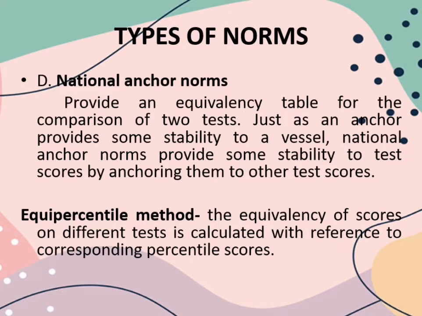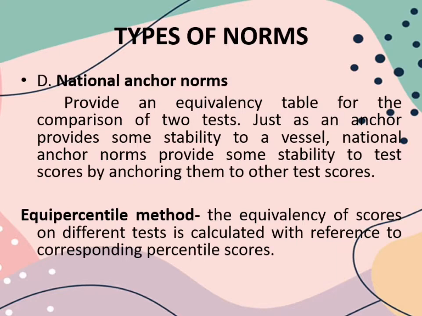Equi-percentile method. The equivalency of scores on different tests is calculated with reference to corresponding percentile scores. So, example, if the 96th percentile corresponds to a score of 69 on the BRT test, a hypothetical test, and if the 96th percentile corresponds to a score of 14 on XYZ test, also a hypothetical test, then we can say that the BRT score of 69 is equivalent to an XYZ score of 14.